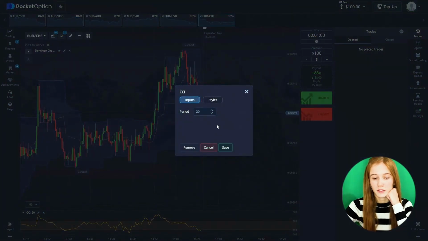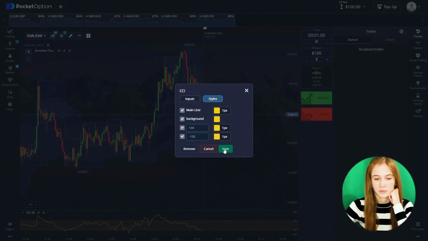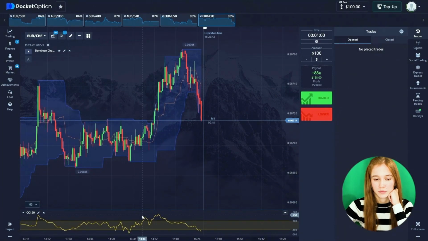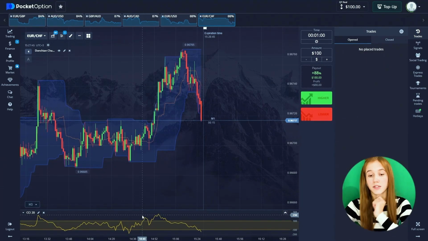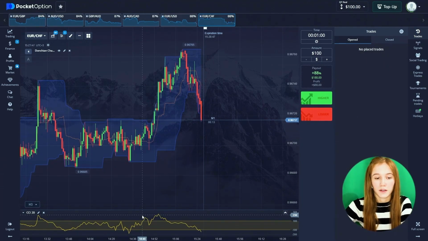So the CCI, with these parameters. This is an oscillator. I think you understand these values.